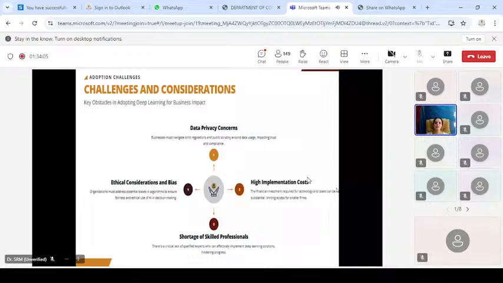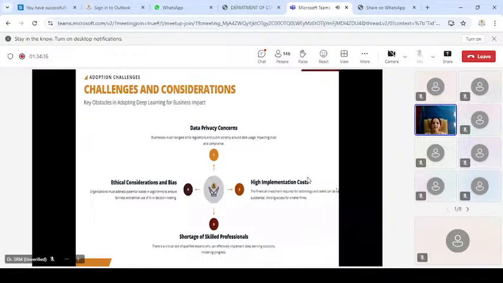Now to the adoption challenges and considerations. The data privacy concerns. See, deep learning systems often collect vast amounts of data, right? From the beginning of the session, we have been discussing this. It also includes our personal and sensitive information. Social media platforms like Facebook utilize deep learning algorithms to personalize their user feeds and advertisements.